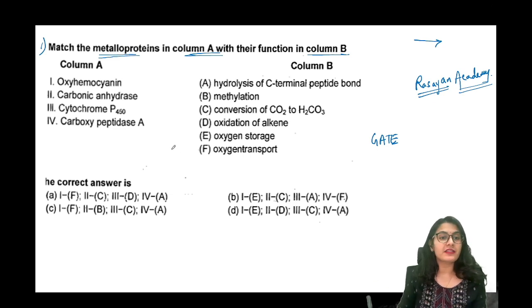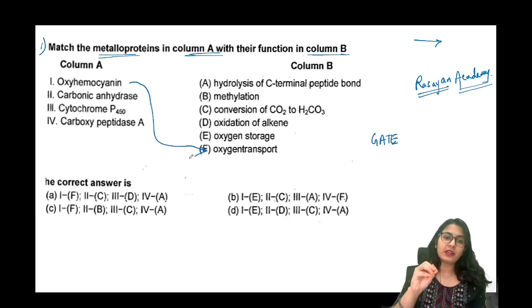Now let's answer. First thing, oxyhemocyanin. What could be the correct match? Hydrolysis of C-terminal peptide bond, methylation, conversion of CO2 to carbonic acid, oxidation of alkene, oxygen storage, oxygen transport. Definitely from all of these, oxyhemocyanin is only going to work as an oxygen transport system.